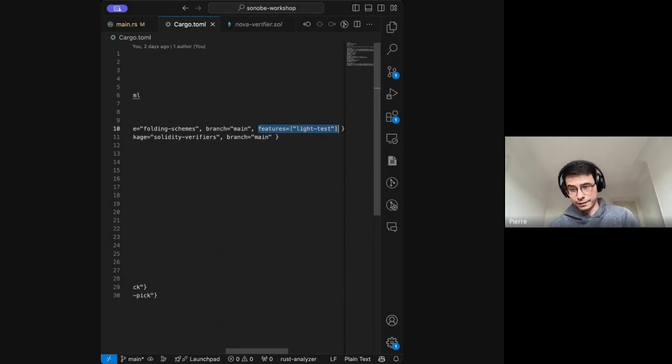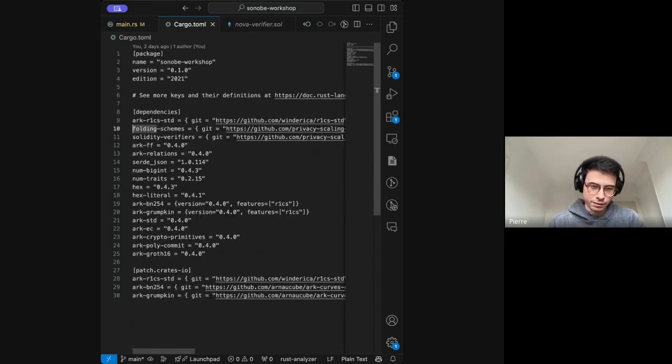The Ethereum decider consists of a big R1CS circuit that will prove the knowledge of a valid IVC proof, and the circuit is pretty big. So you want to keep the light-test feature on when you are using Sonobe and testing stuff out, because otherwise it will take a lot of time and surely crash on your machine if you don't have 32 gigabytes of RAM.